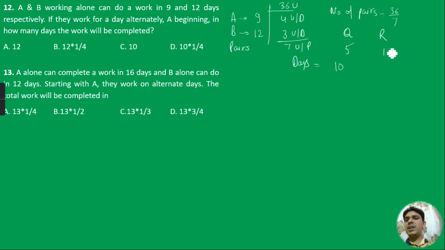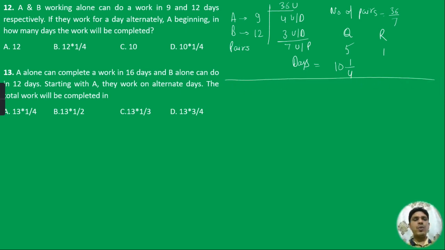And because the remaining work is 1, after the work done by B, who will do the work? Now A will do the work. So the number of days taken will be 10 and 1 by 4.